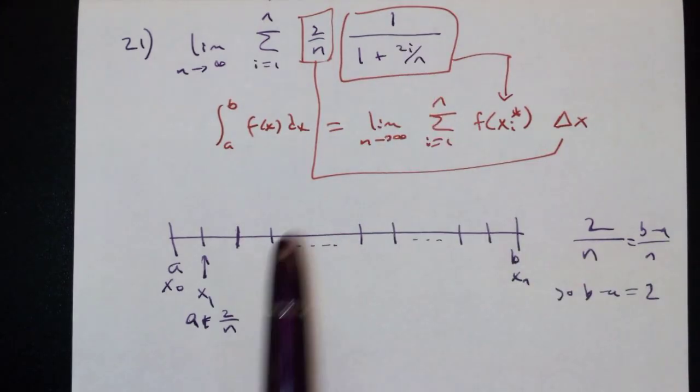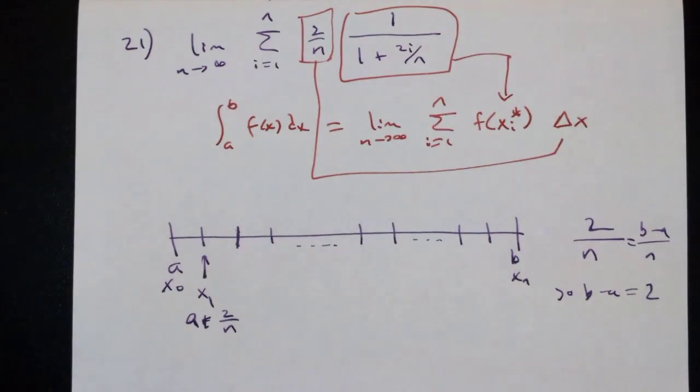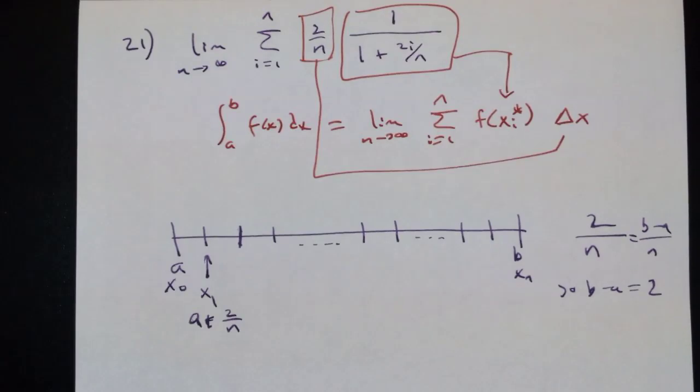But that's not true, because if I put 1 in up here, I get 2 over n, don't I? Isn't that what I get right here? So x1 looks like it's what happens here when I do 1. If that's the case, I'm doing a right end sum, aren't I?